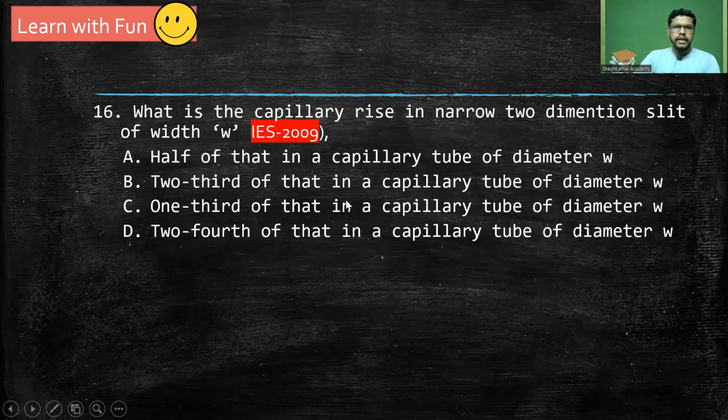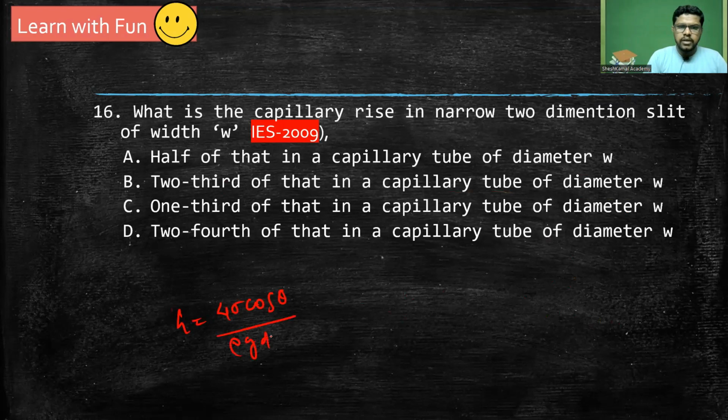Now next, what is the capillary rise in a narrow two-dimensional slit of width W? The formula for capillary rise or fall in a tube, we have seen, is h equal to 4 sigma cos theta divided by rho g d.